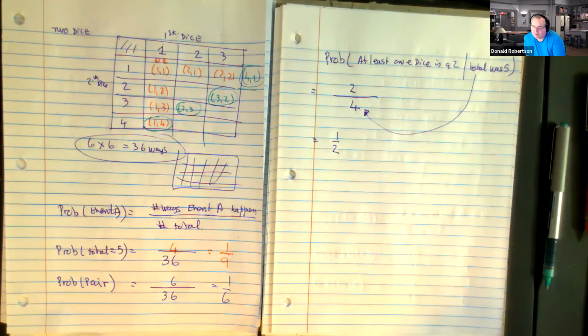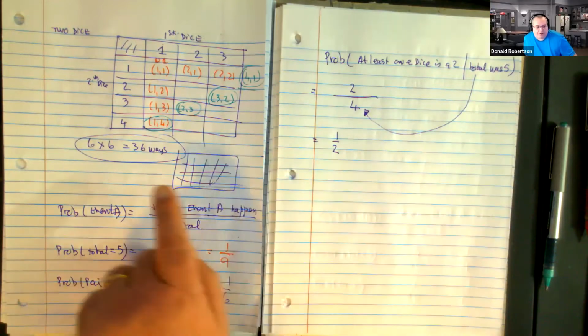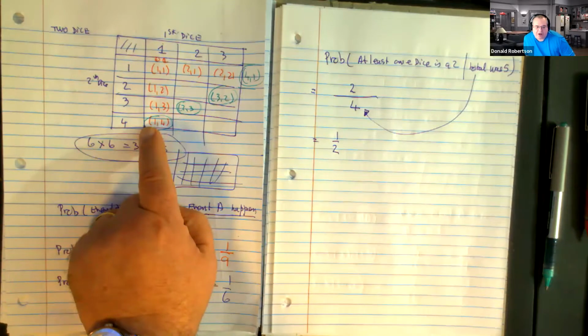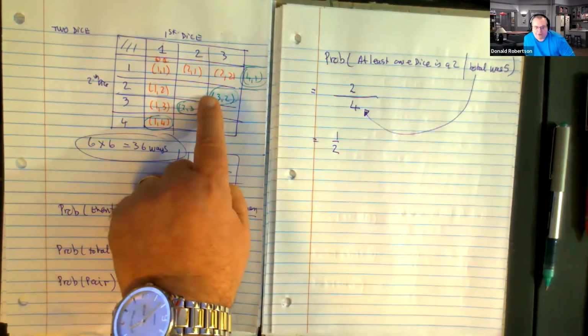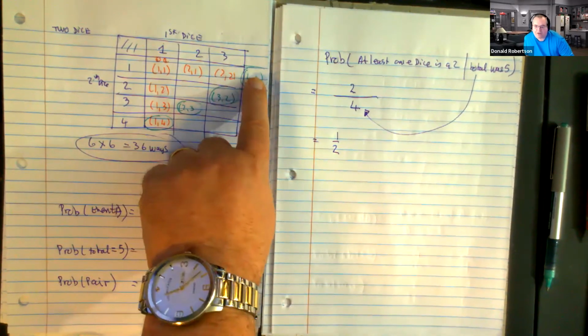Are we good with that one? I don't get why. Why is there only 4? If you look at my little pattern up here, these are the only ways you can get a total of 5 when you roll 2 dice. A 1 and a 4, a 2 and a 3, then you get a 3 first and a 2, and then you get a 4 first and a 1. So there are only 4 ways to get a total of 5.